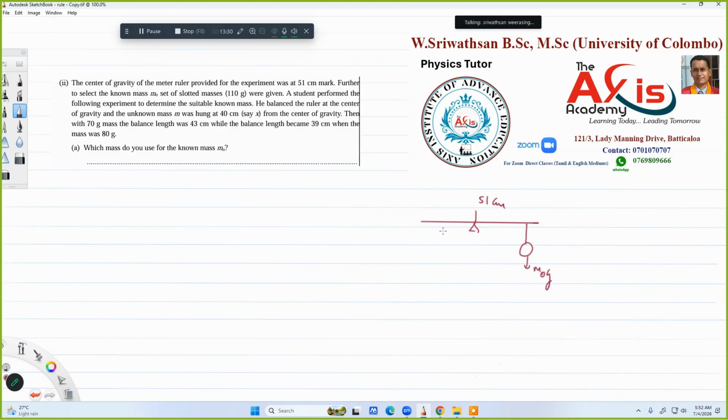At the other end, they are choosing different masses to balance. When 70 gram mass is chosen, the balance length was 43.